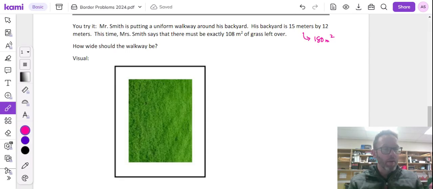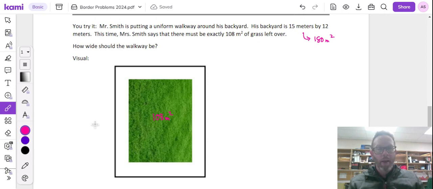Who knows, maybe that's the amount of seed she has. Maybe for any bigger lawn, the lawn care company might charge more. I don't know. But for whatever reason, the area must be exactly 108 meters squared for the grass.